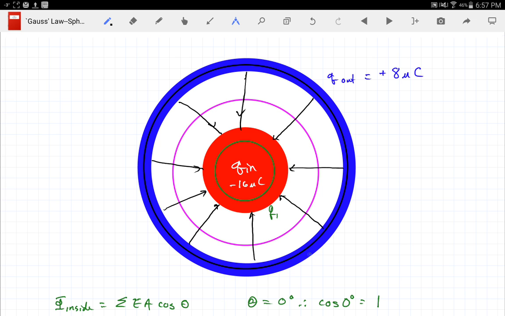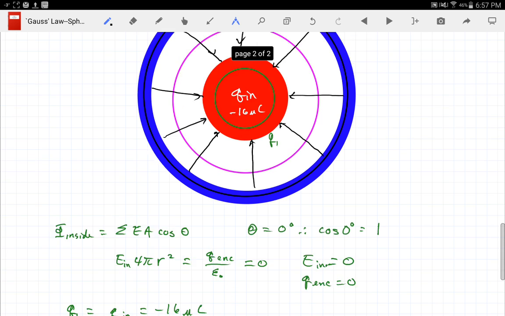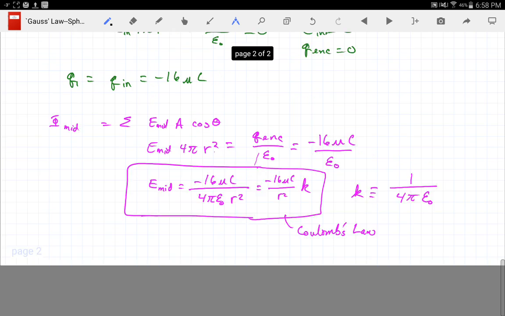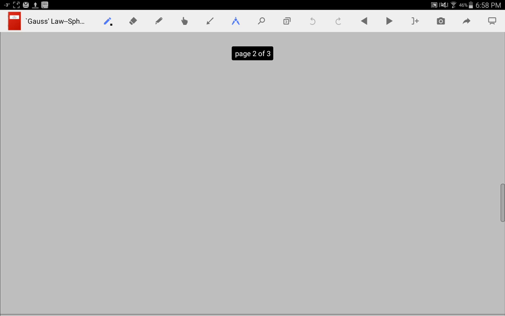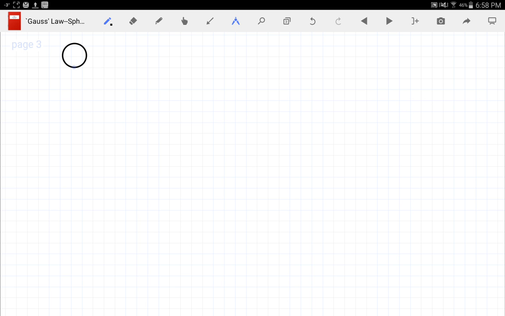Okay, now let's use Gauss's law on that black circle. Now, once again, the black circle is completely within a conductor. What's the electric field inside a conductor? Well, it's 0. So when I use Gauss's law on this case, I have the flux.